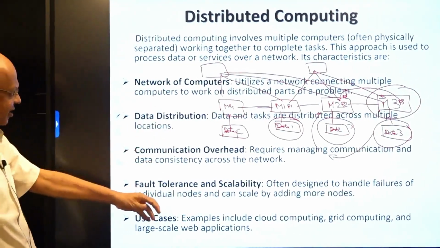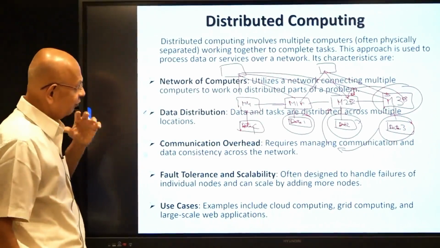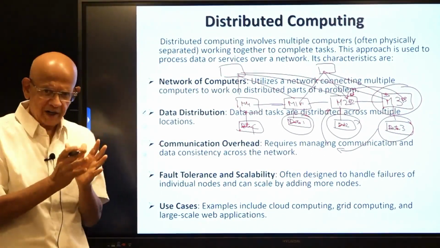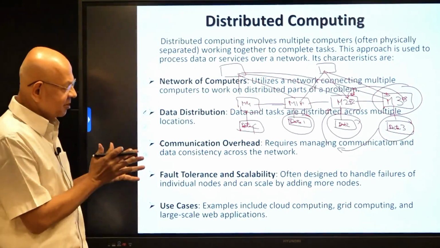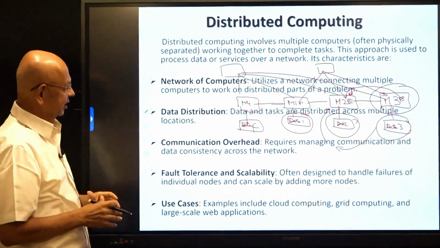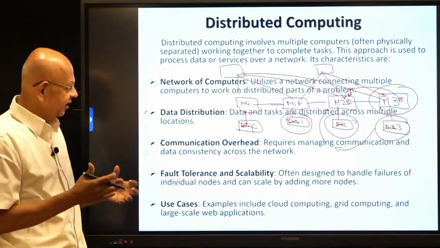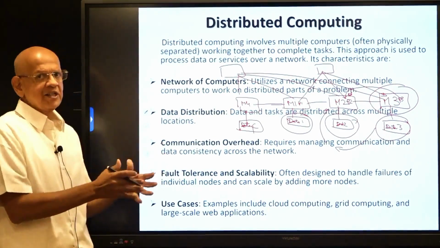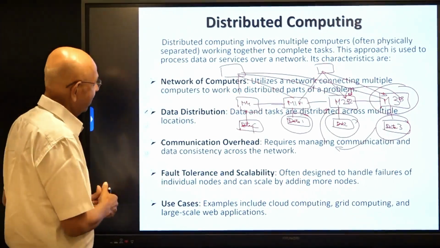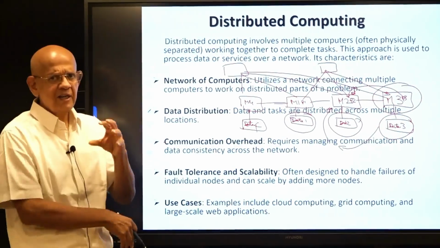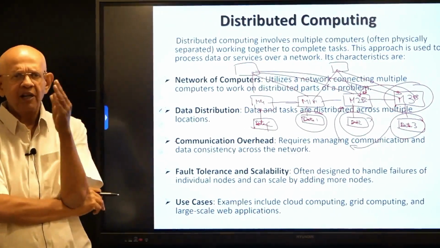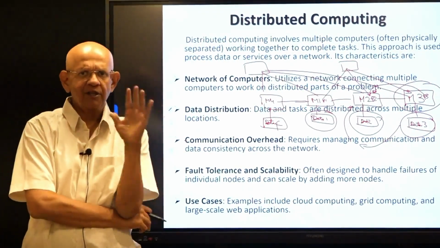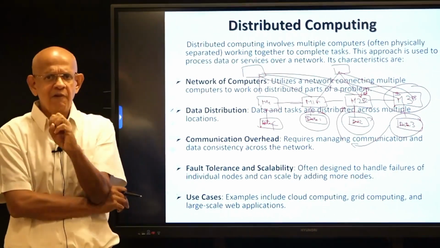So this is the architecture which we would want to use for distributed computing: multiple machines, each machine independent and autonomous, each having its own data and doing work, and in case of failure either the task will migrate to a new machine or one of the existing machines, and also the data would migrate. So this in essence are the three paradigms. You should be clear in your minds what is parallel computing, what is concurrent programming, and what is distributed computing. So this is what we wanted to convey to you.